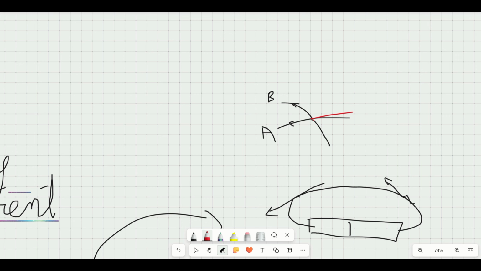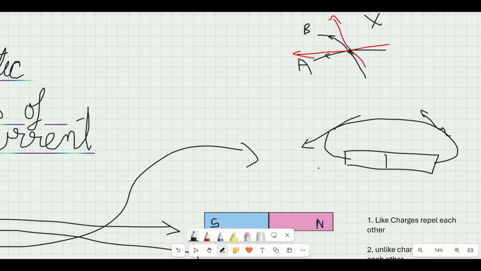We can see two tangents, meaning two directions of force. But two directions of force is not possible. This is not possible because the direction of force cannot be two different directions at a single point. So that's why magnetic field lines never intersect each other.